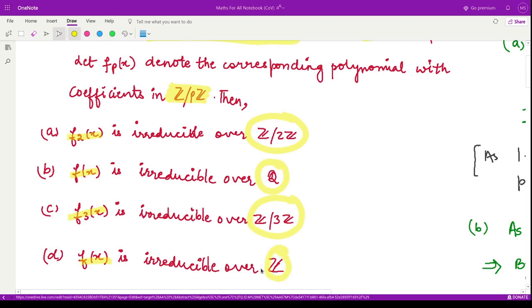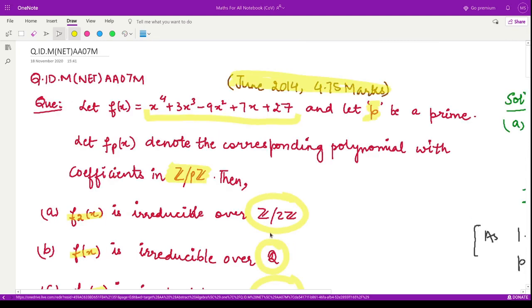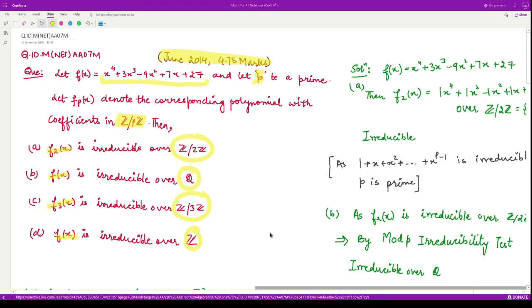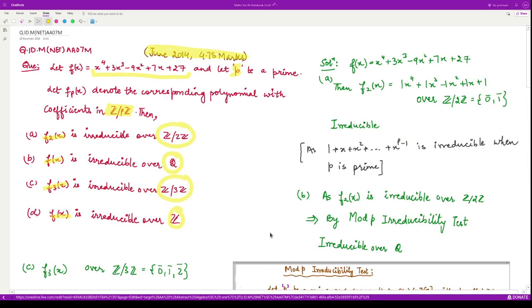So let us see. For the first part they are saying f_2(x). Firstly we need to calculate it. This is the given polynomial f of x, which is a fourth order polynomial, so let us calculate f_2(x) first.